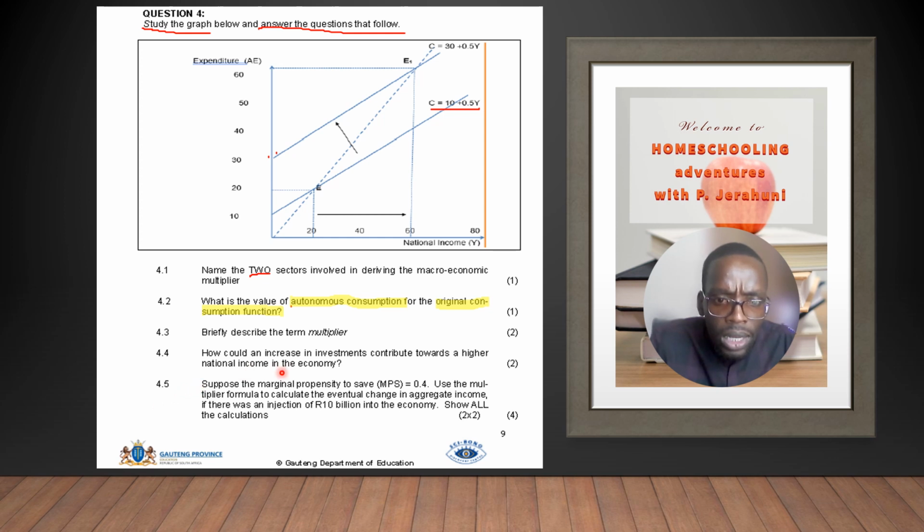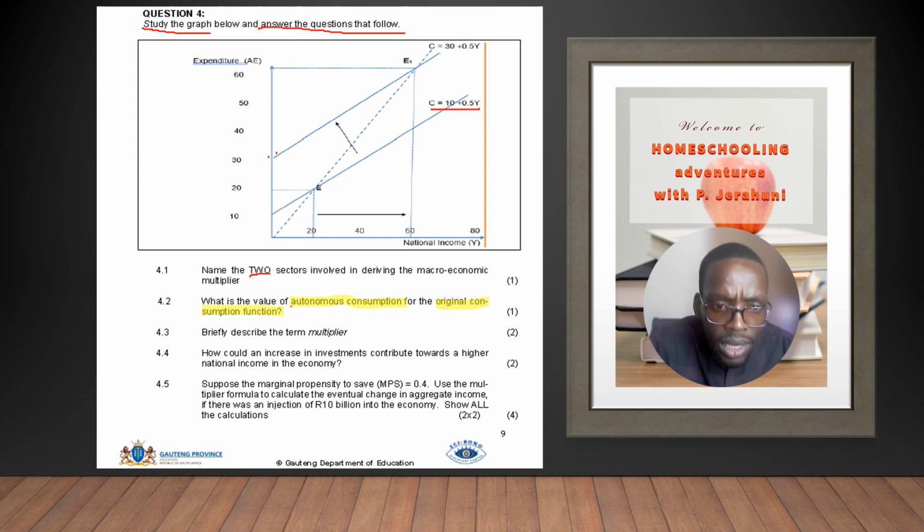Then the next one: how could an increase in investments contribute towards a higher national income in the country? How could an increase in investments result in, or contribute to, a higher national income in the economy? So let me just highlight here.